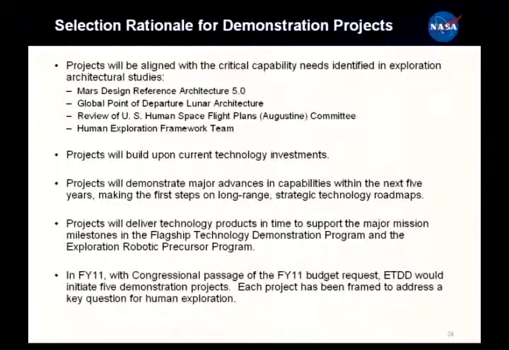Okay, so now I'd like to describe the initial set of demonstration projects and how we came up with these. We looked across a lot of the previous architectural studies, and there are a lot of common themes for the critical capabilities that are needed. So we looked at the Mars Design Reference Architecture 5.0.